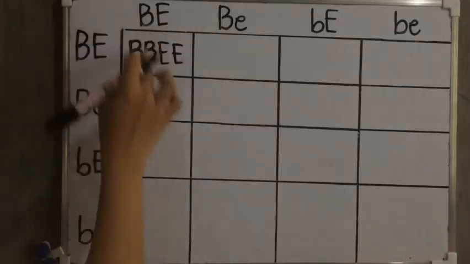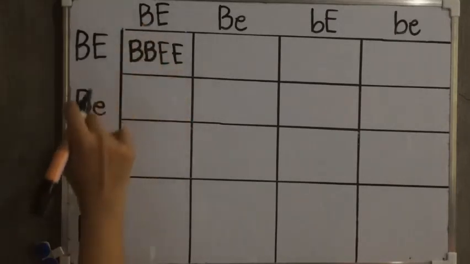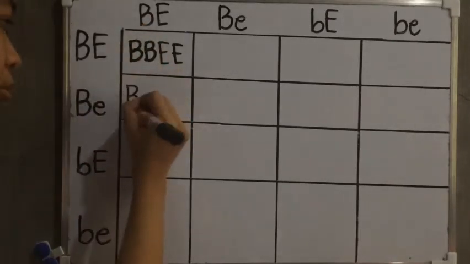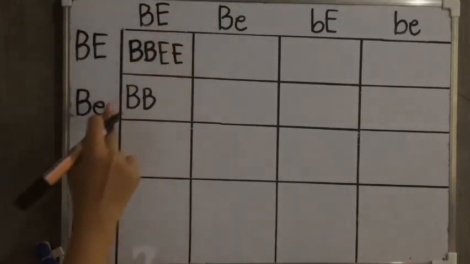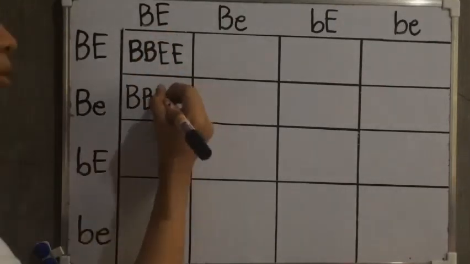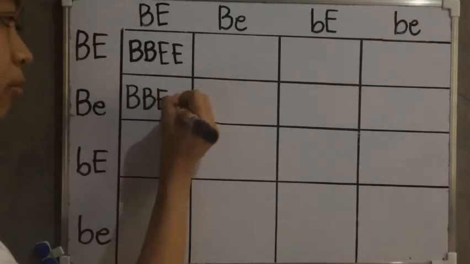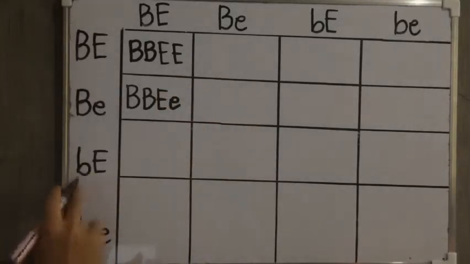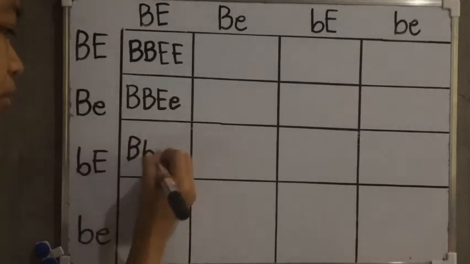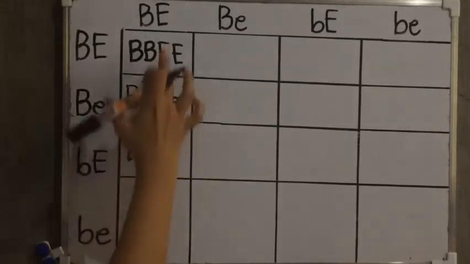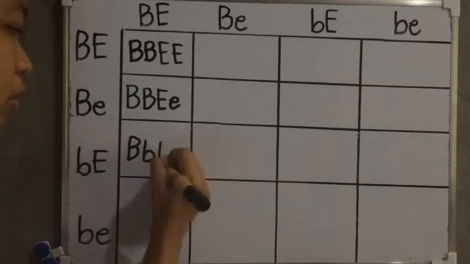Next one, ito naman sa baba. So, we have 2 dominant for the hair. And then 1 dominant and then 1 recessive. Next, 1 dominant and 1 recessive for the color of the hair. And then 2 dominant for the color of the eyes.